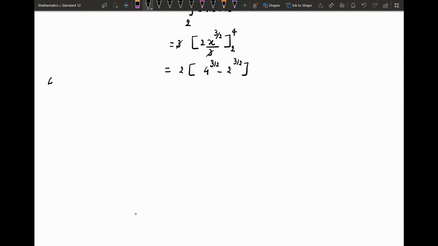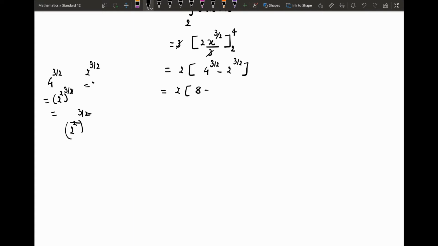So 4 raised to 3 by 2 simplification is, 4 means 2 square, so it is 2 square raised to 3 by 2, so 2 into 8 minus 2 raised to 3 by 2.